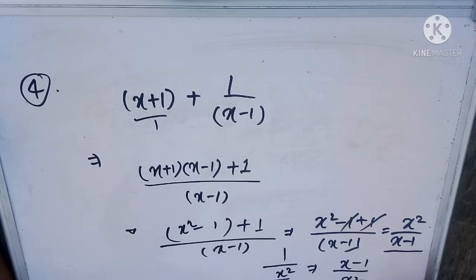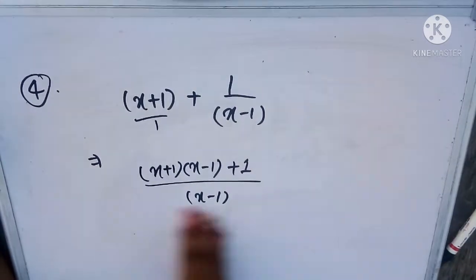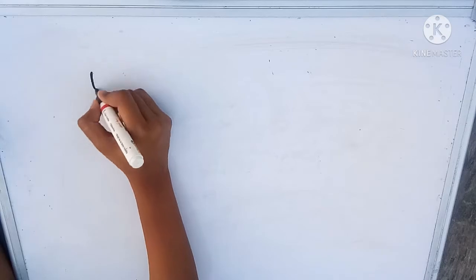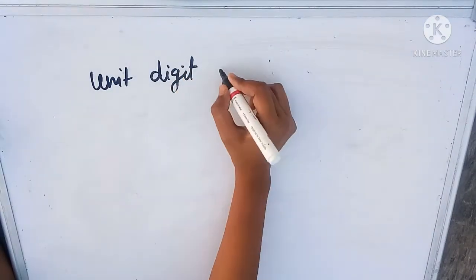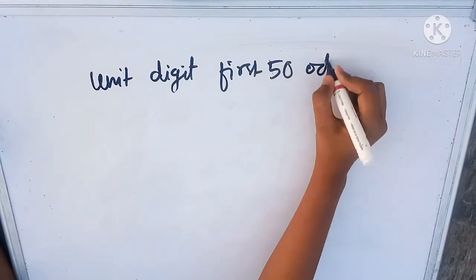So this is the correct answer. Next question, question number 5. It says that we have to find the unit digit of the first 50 odd natural numbers.